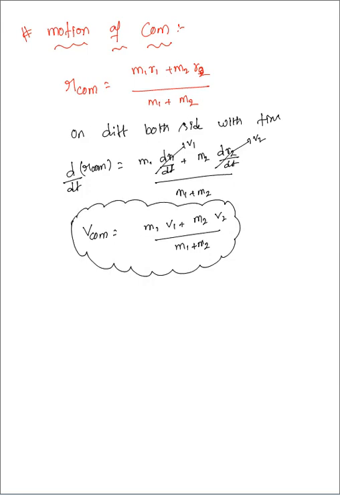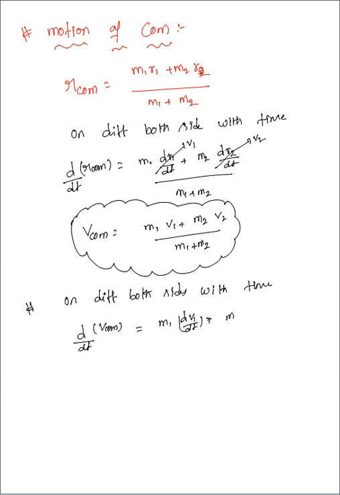Next, we are repeating the same thing and differentiating both sides with respect to time. d by dt of V_COM is equal to M1 into dV1 by dt plus M2 into dV2 by dt, divided by M1 plus M2.